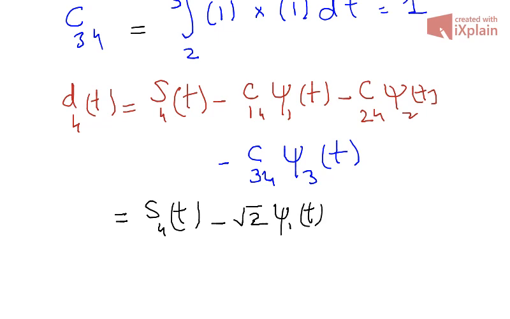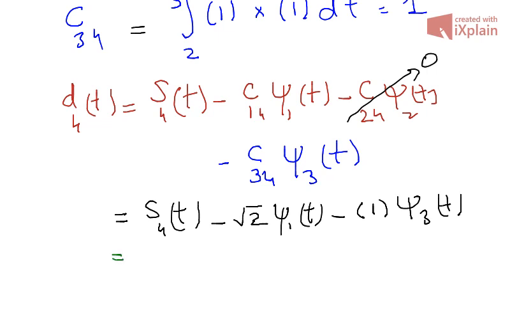Then we have C24, and we saw that C24 is 0, so this term would be 0. Then we subtract C34, and C34 is unity, so minus 1 times psi 3 of t.